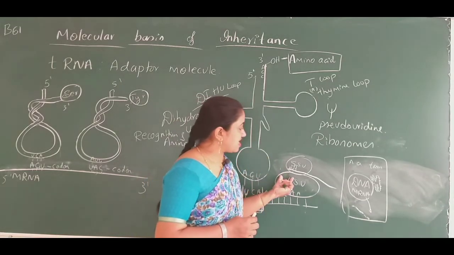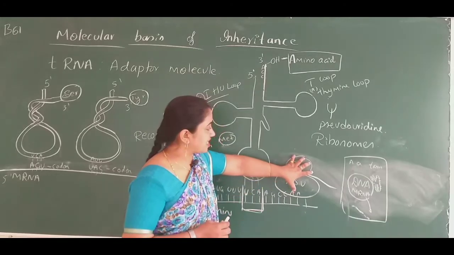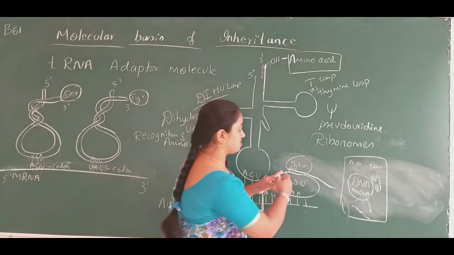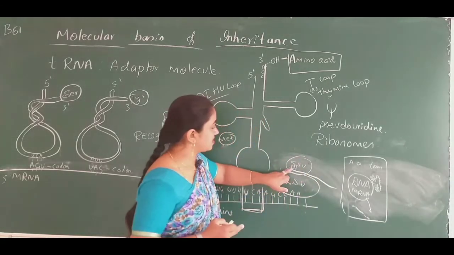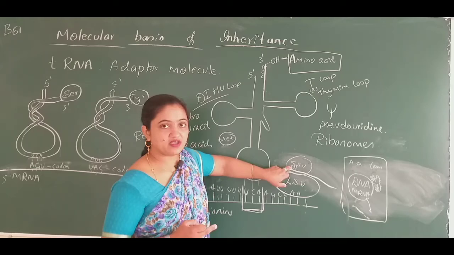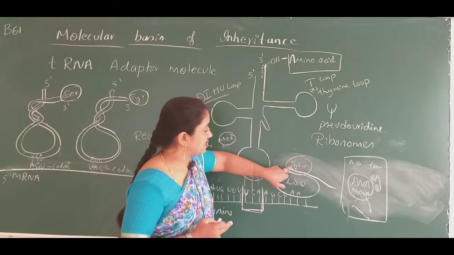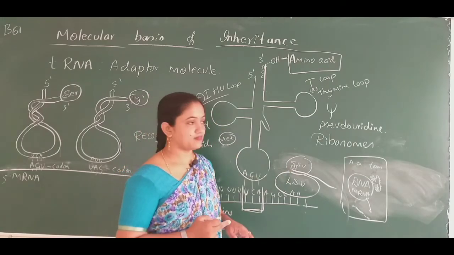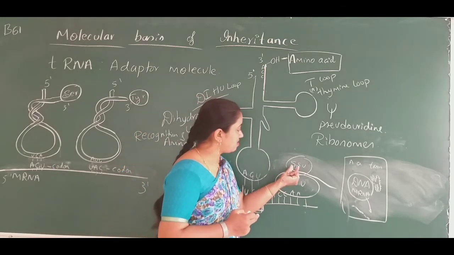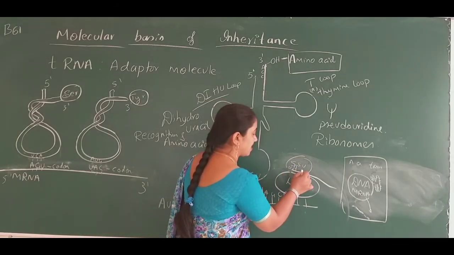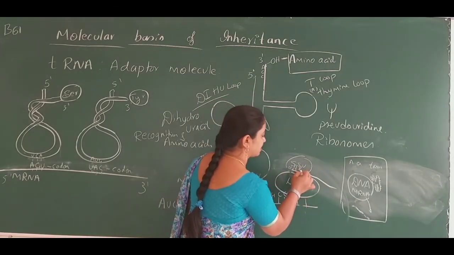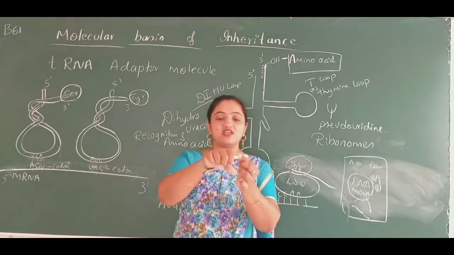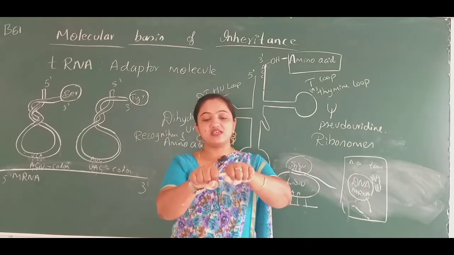When the ribosome starts moving on the mRNA, the first tRNA which attached at this side gets detached. So this will take this place, and one more tRNA comes and attaches to this side like this. So consider this is the mRNA, one tRNA is there, one tRNA is there.